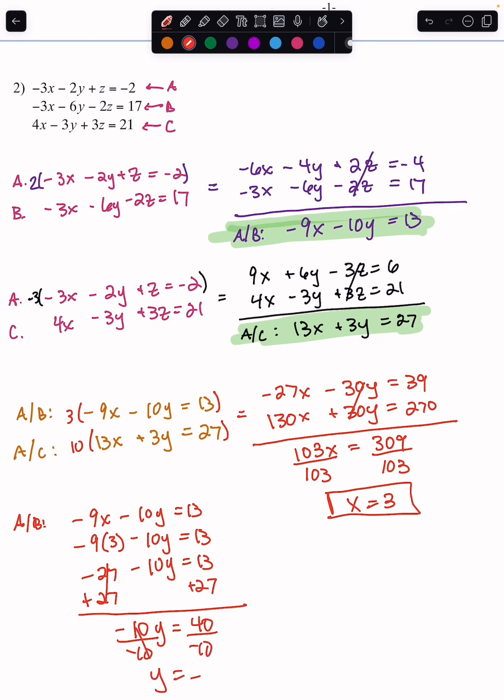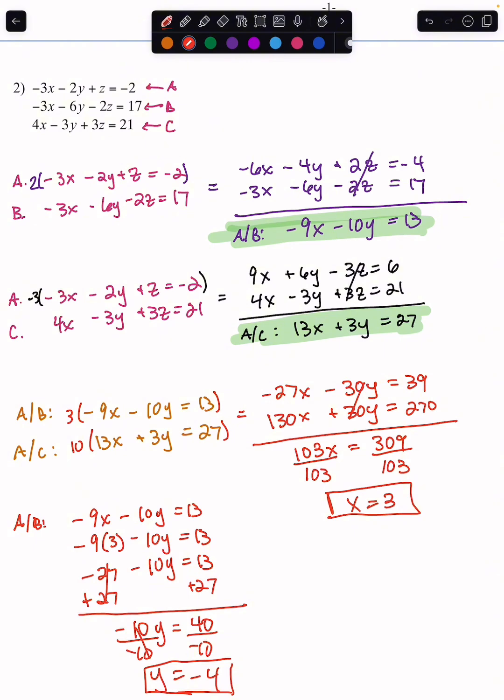Okay, I have my x and I have my y. Now I have to plug these two back into one of the originals. And for the sake of this one, I'm just going to plug it back into A. Let's switch the color.